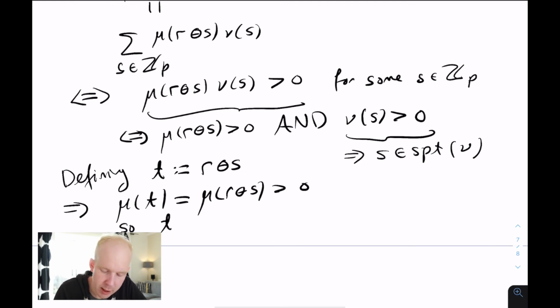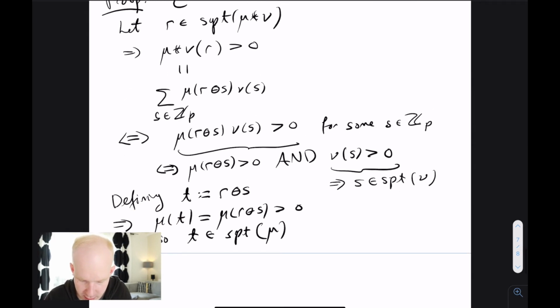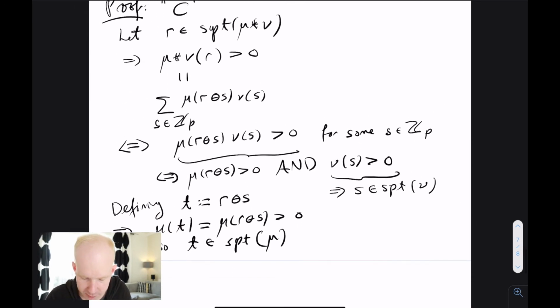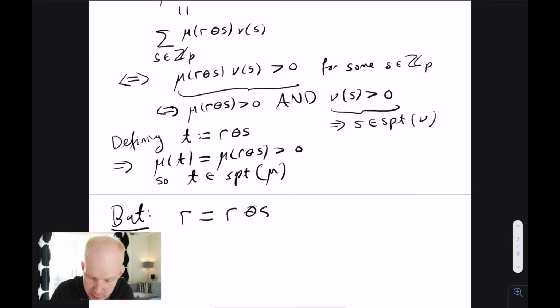So this t also belongs to the support of the measure mu. So we just obtained that r is in the support, but the main thing is that if you write r, then r is equal to (r minus s) plus s, that's just the definition.